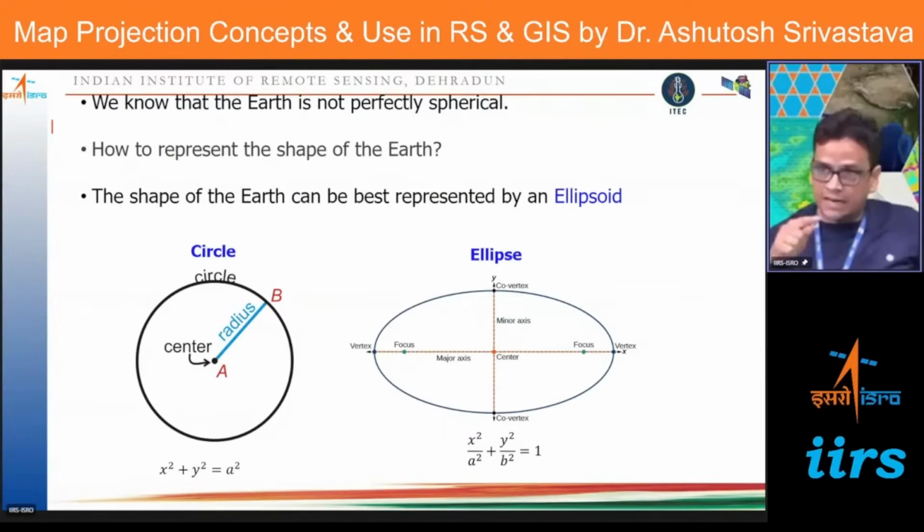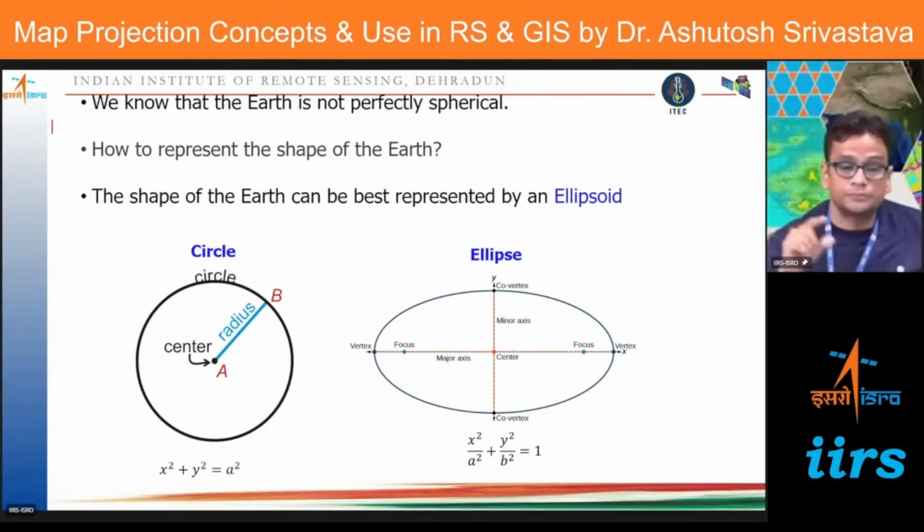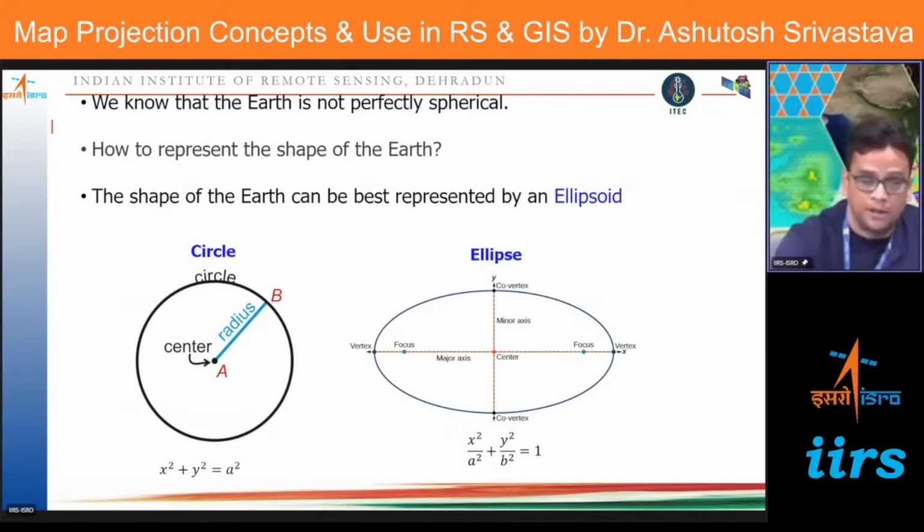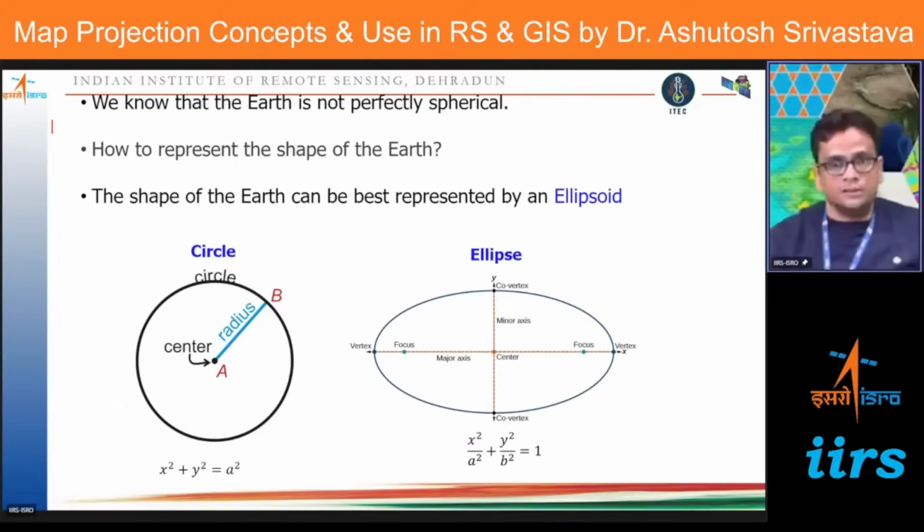You know the circle, on the left side I have drawn a circle, and on the right side you see there is an ellipse. In the circle case, what will happen? If you see the distance from the center to the circumference, it is called a radius, and it will remain the same throughout the circumference. Now, double of this radius is called the diameter.